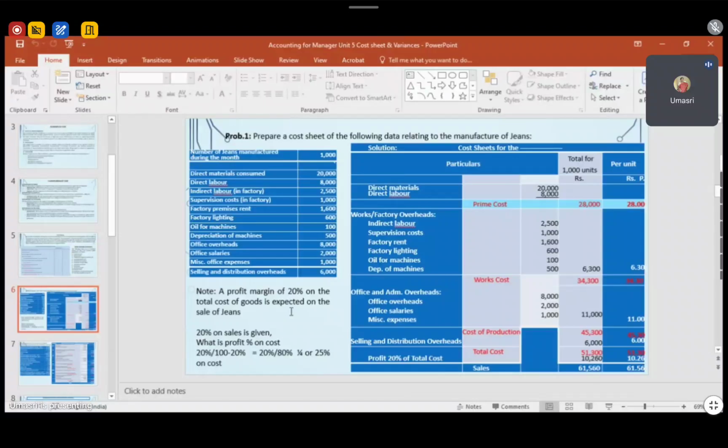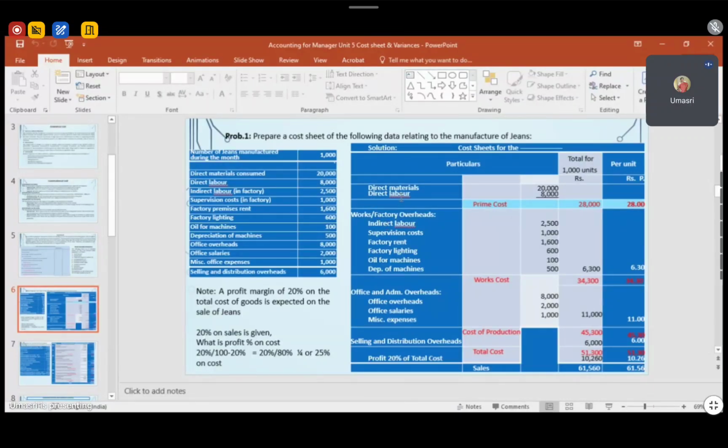A profit margin of 20% on the total cost of goods is expected on the sale of jeans, right? Let us prepare two columns, per unit column and total amount column, right? So 1000 units are given. So what is the sales price? Sale price we have to find out. Let us do it later on.